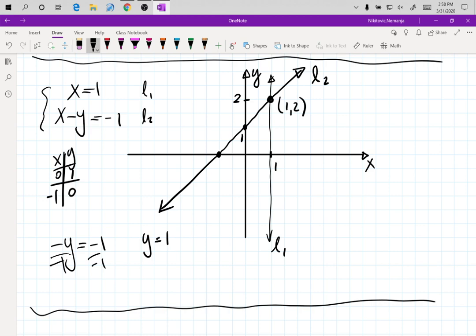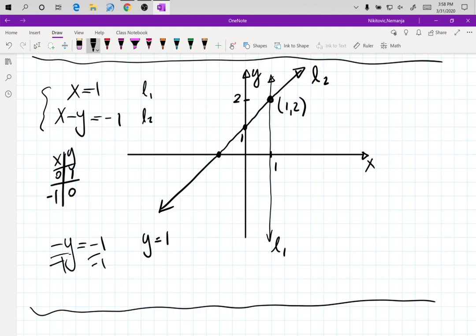If that happens, we are going to have infinitely many solutions, because every point of one line matches a point of the other forever.